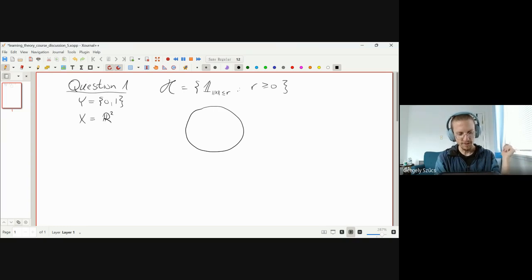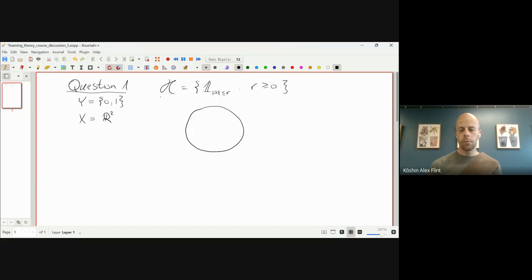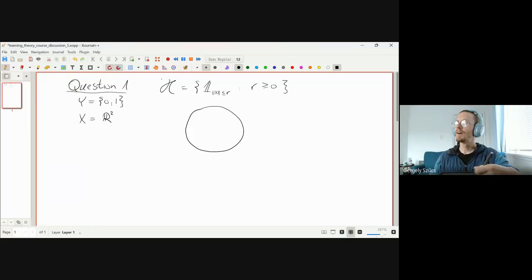This is a one-dimensional class, both in terms of the parametrization, but also it matches up with the VC dimension being 1. And also with the topological dimensionality, which could be different from the number of parameters. Sure, if it's a degenerate parametrization. Yes.